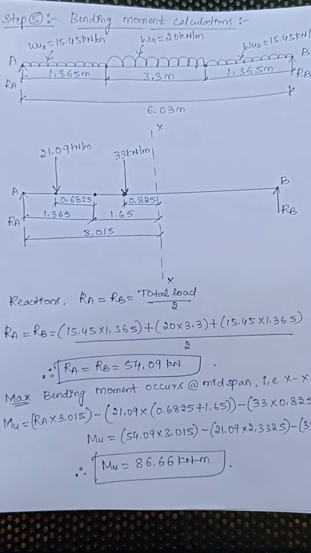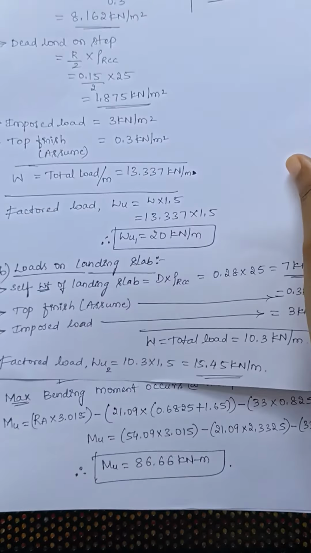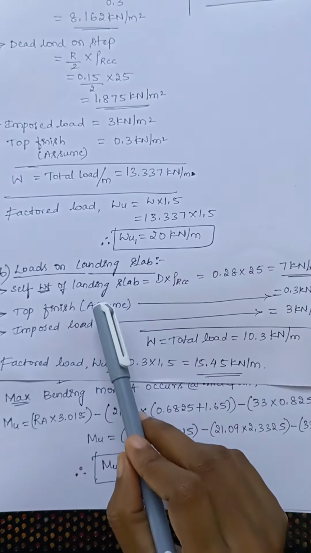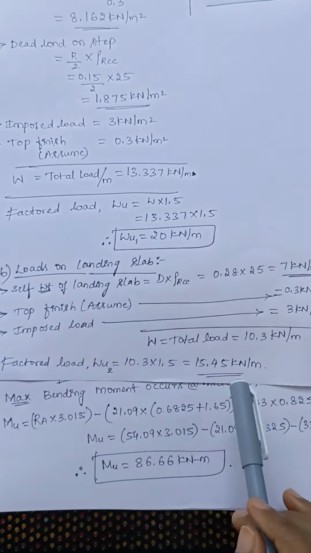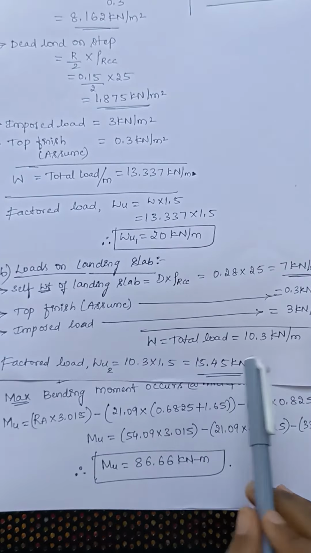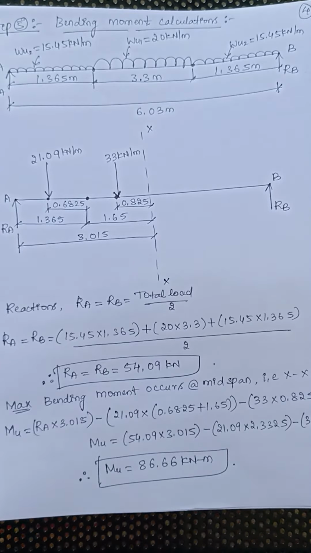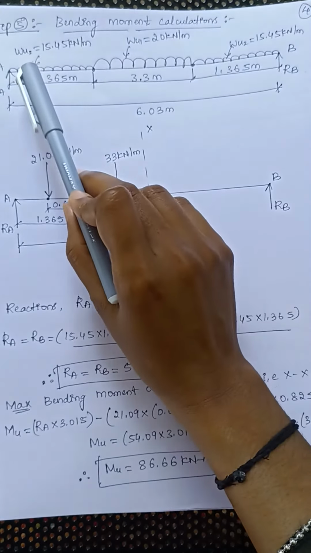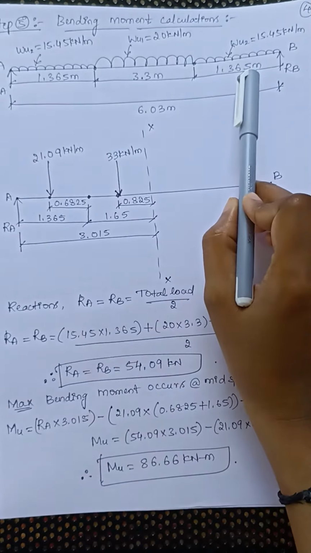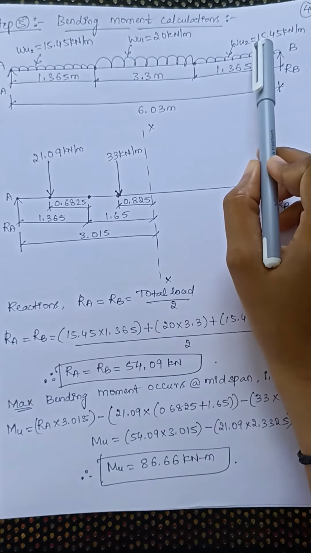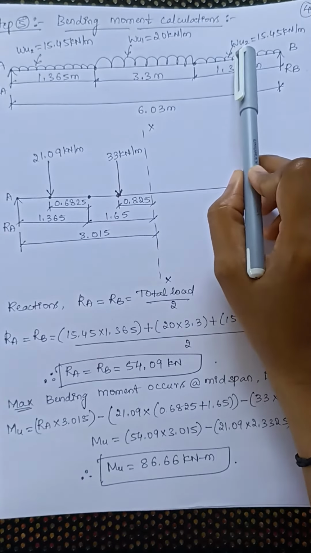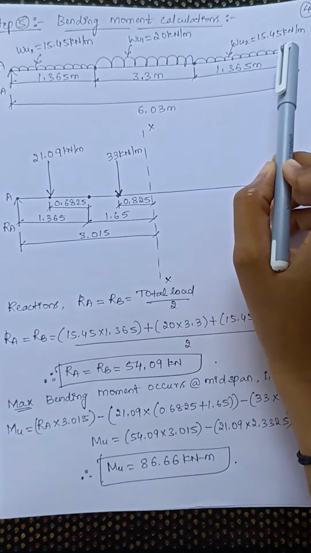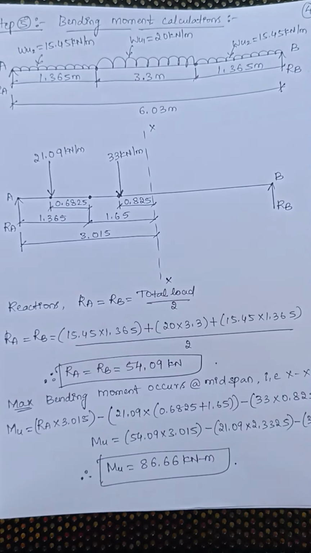For the landing part, we have to consider the factored load which is coming from the landing slab. The factored load we got is 15.45 kilonewton per meter. Let us keep it as the smaller UDL acting on both the first phase as well as the last phase of the slab, which is represented as WU2, and the value is 15.45 kilonewton per meter.